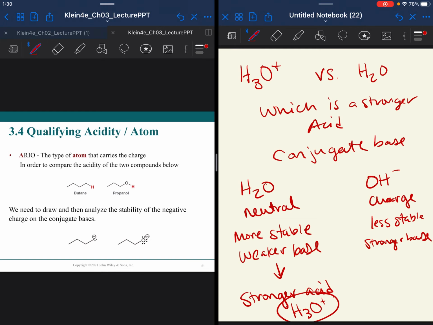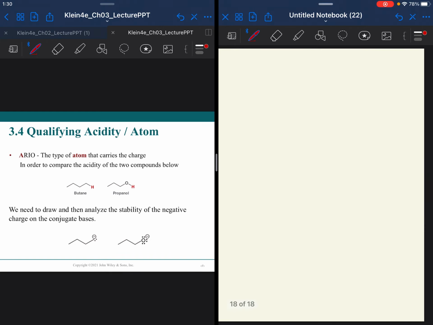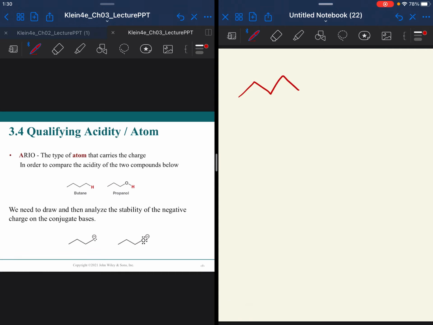So in this first example, once we get into ARIO, we are comparing butane and propanol. And they tell us which hydrogen to focus on. We're going with a hydrogen on the first carbon and the hydrogen on the oxygen in the propanol.